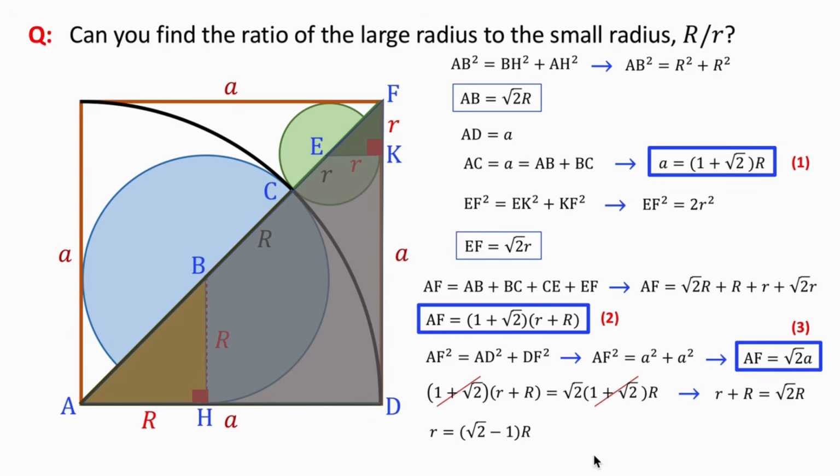Now we multiply both sides by square root of 2 plus 1. The right side becomes r. Now, dividing both sides by the radius of the small circle r, we get the ratio of the large radius to the small radius as 1 plus square root of 2.